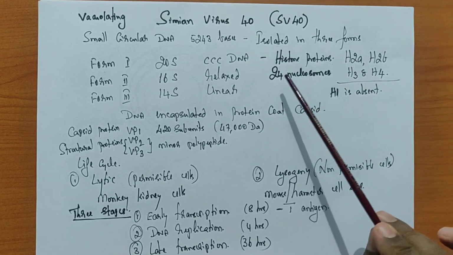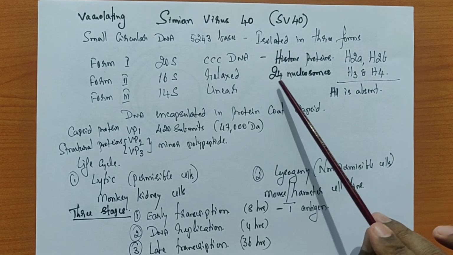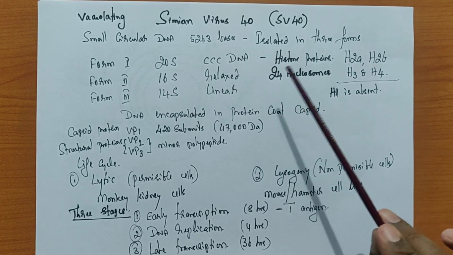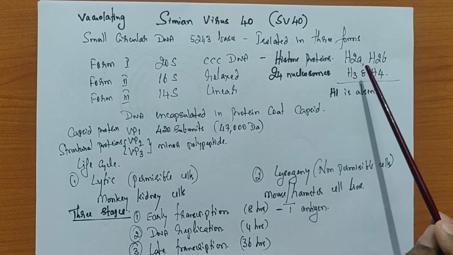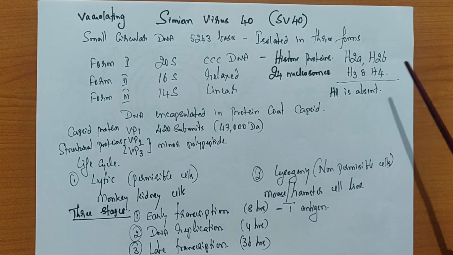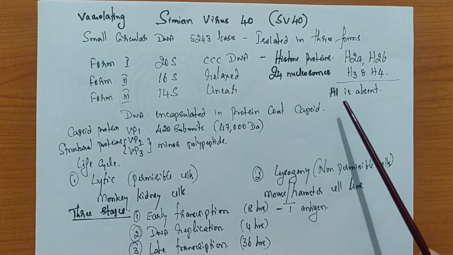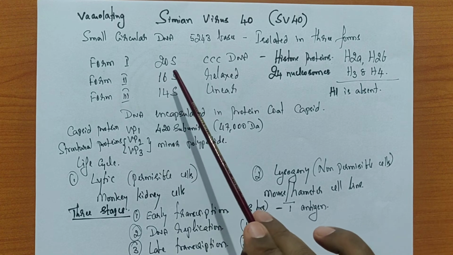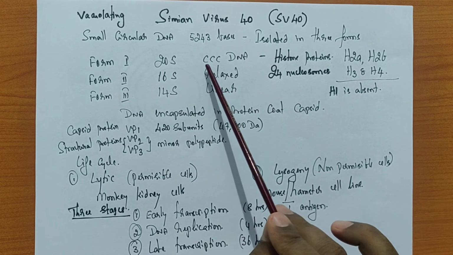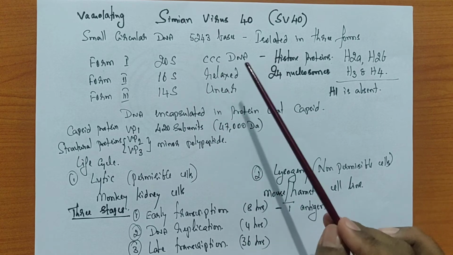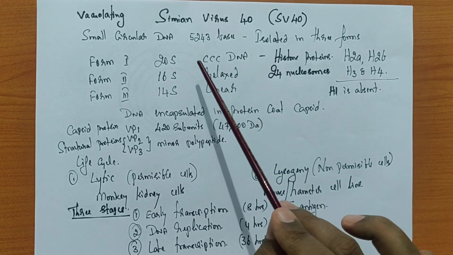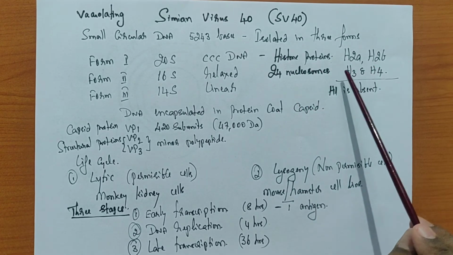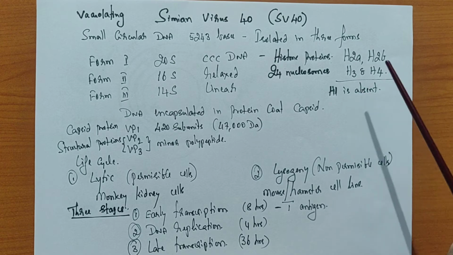Because of the attachment of the histones, we are going to have 24 nucleosomes. The histone proteins present in this virus are H2A, H2B, H3 and H4. Histone H1 is completely absent. So form 1, which sediments at 20S, is covalently closed circular DNA, called CCC DNA, and this is not a naked DNA. It contains 24 nucleosomes in combination with H2A, H2B, H3 and H4 histone proteins.